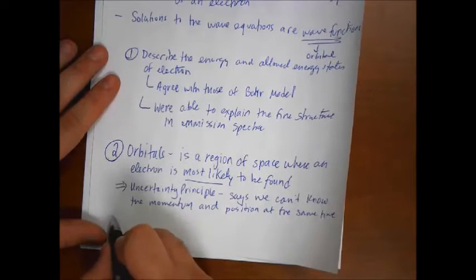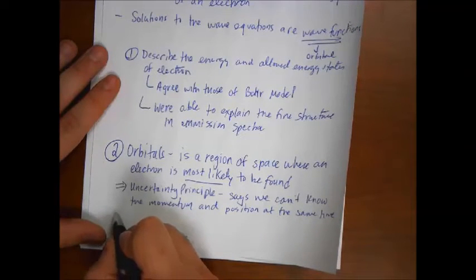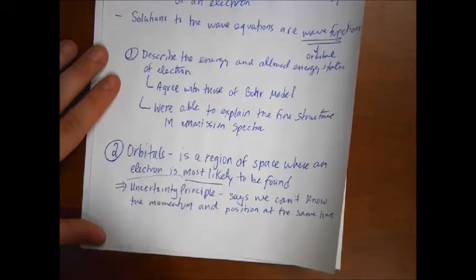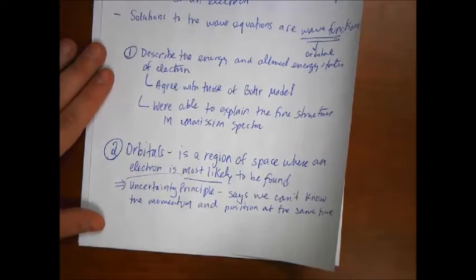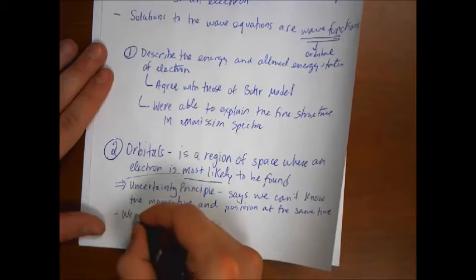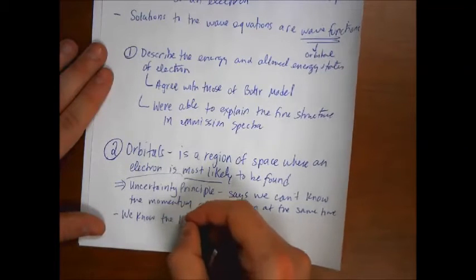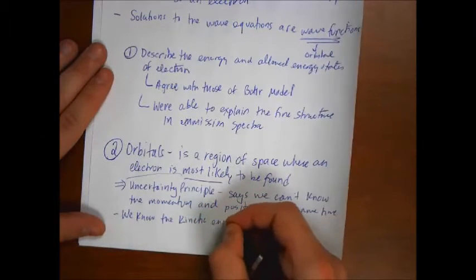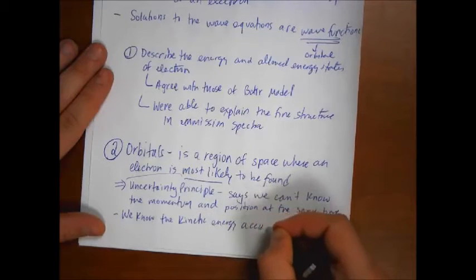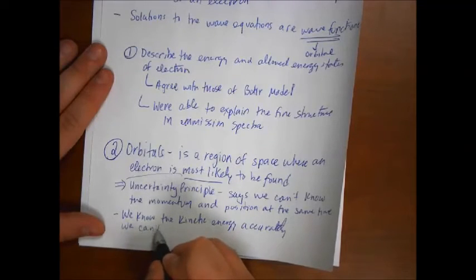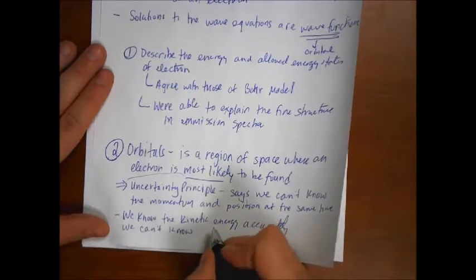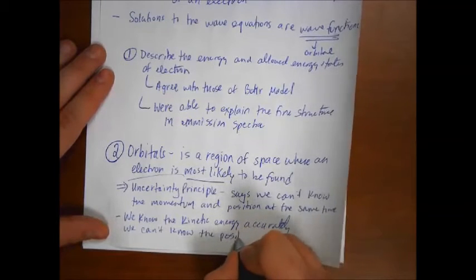So what we get is that the orbitals are basically these regions where we can find an electron, but because we know the momentum of this electron very accurately, which comes out of the wave equations because we can calculate the potential energy, so we know the kinetic energy accurately, we can't know the position very accurately.